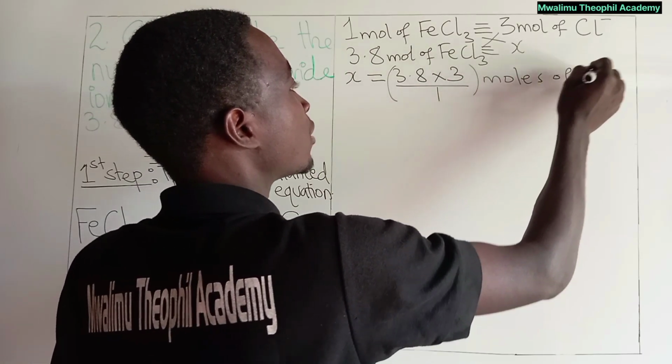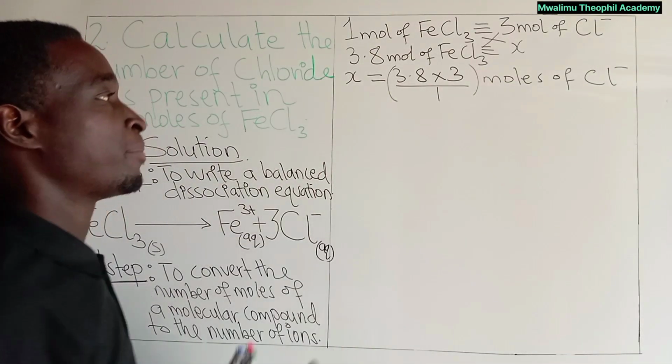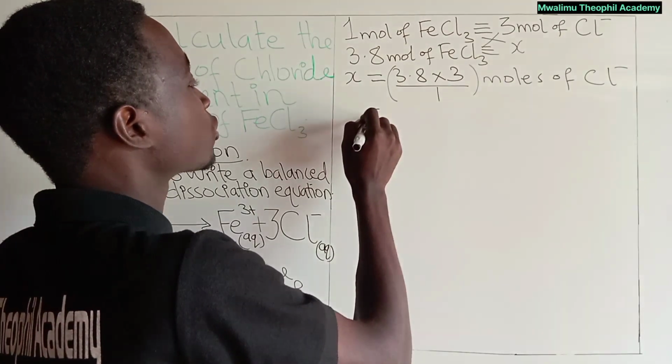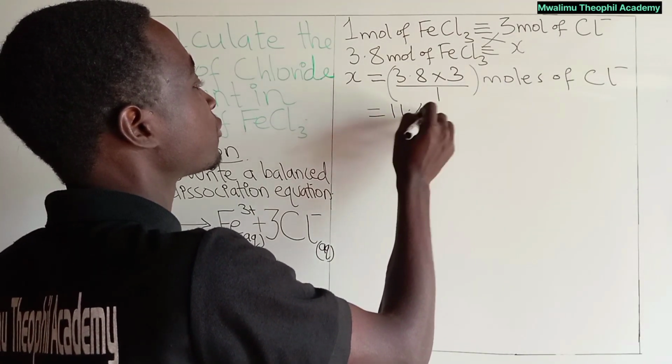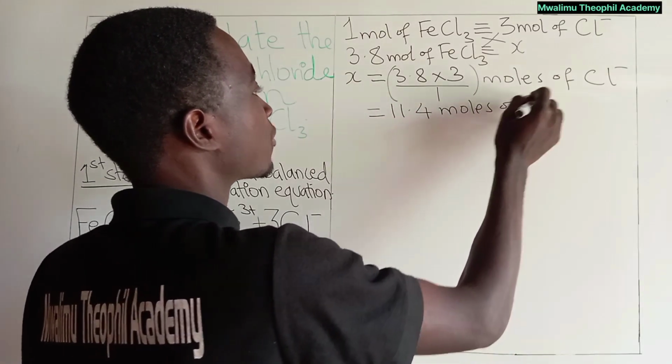Now let us compute to get this number. After computing, we get 11.4 moles of chloride ion.